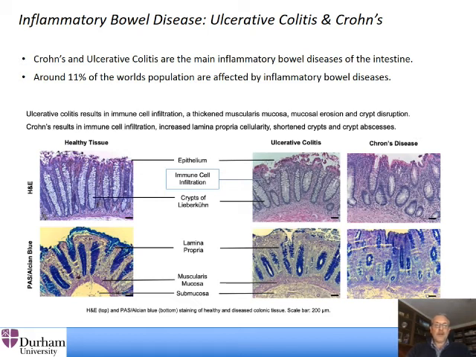So inflammatory bowel disease, such as ulcerative colitis and Crohn's, is affecting large numbers of our population. We see 11% of the world's population affected by these types of diseases, and it's increasing. And what we see is the invasion of large numbers of immune cells into the tissue and causing disruption to its structure.